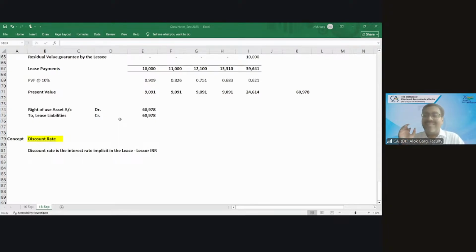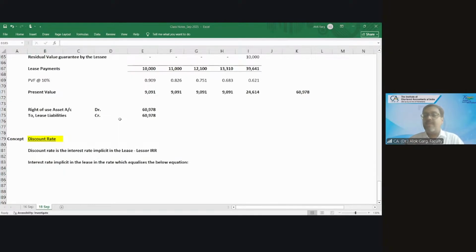Interest rate implicit in the lease is the rate which equalizes the below equation.